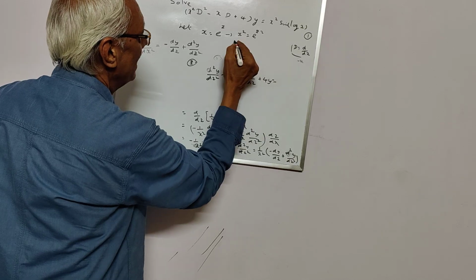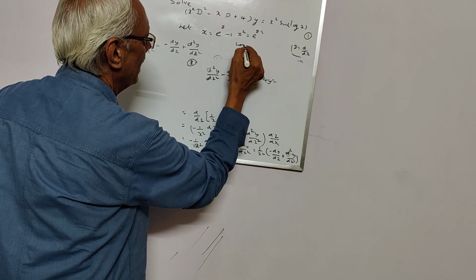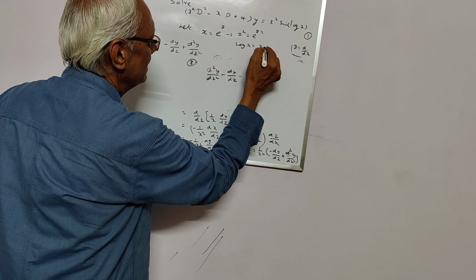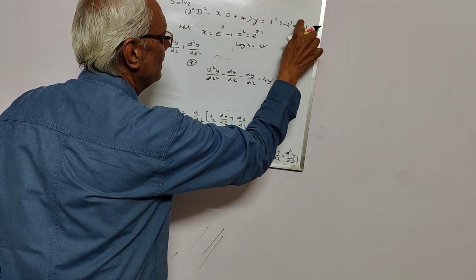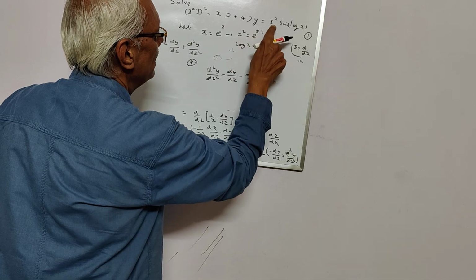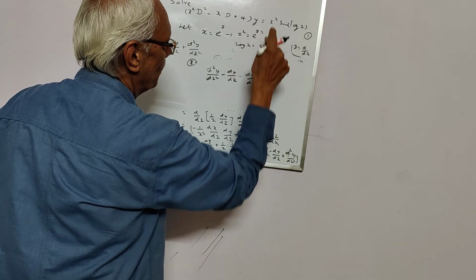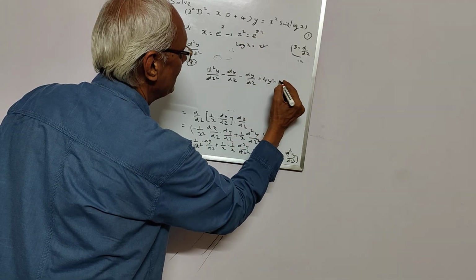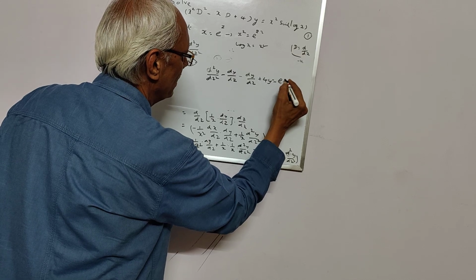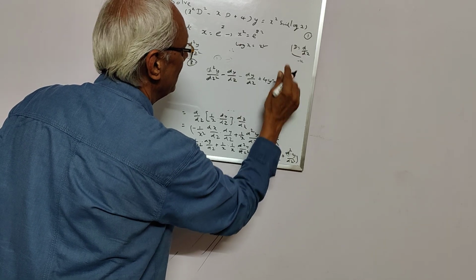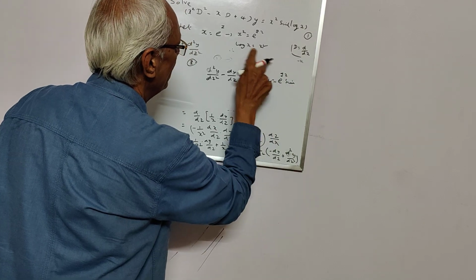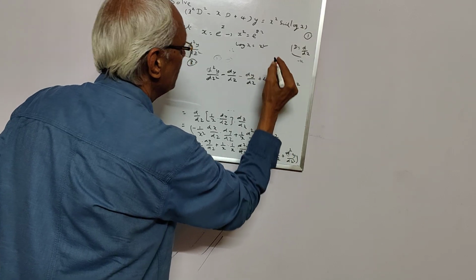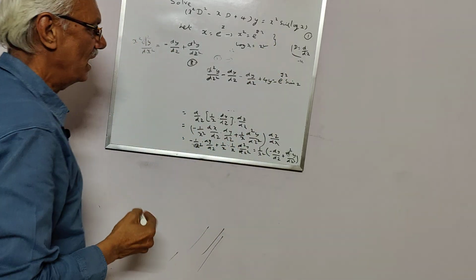And here you see that log x is equal to z. Therefore we have log x is equal to z and x squared is e to the power of 2z. So on the right hand side, in place of x squared you can write e to the power of 2z, and in place of log x you write z.